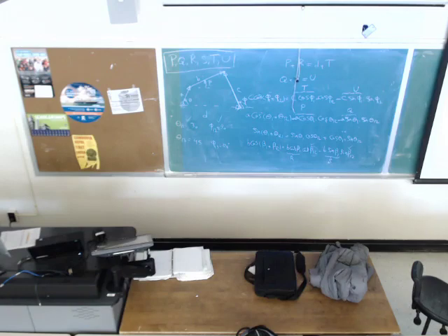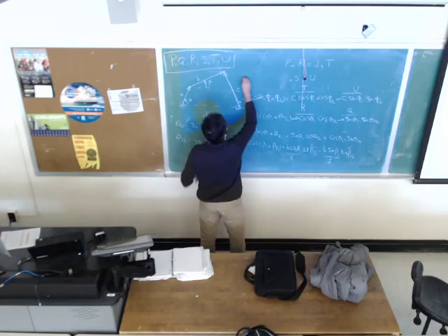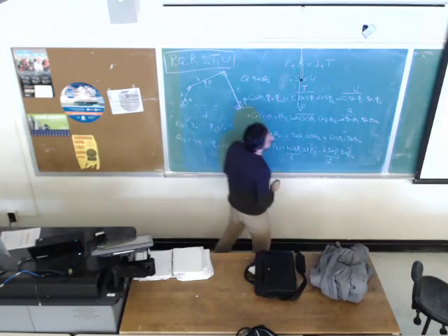This is for the first step. First step has this, A sine of theta 1, which is Q. But we should multiply by cosine of theta 1 2. So this is going to be Q cosine of theta 1 2.